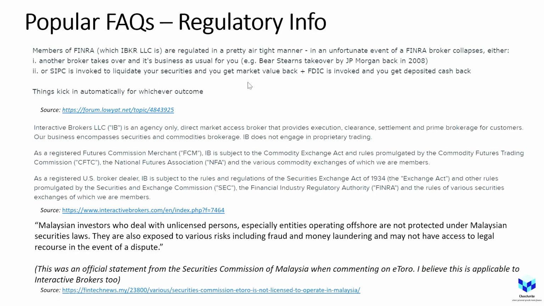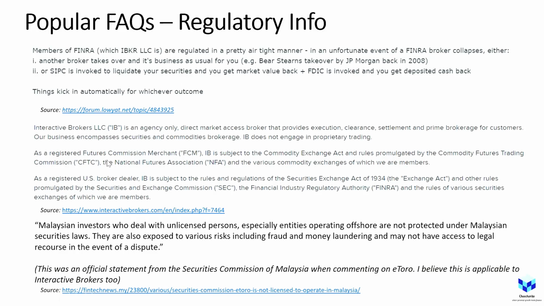And another authority, I think FDIC, is invoked such that you get your deposits back. So regardless, the risk is covered in the sense that either someone will take over or your securities will be liquidated to pay you back in cash. So that's from Laoyat. It was an answer from a forumer.